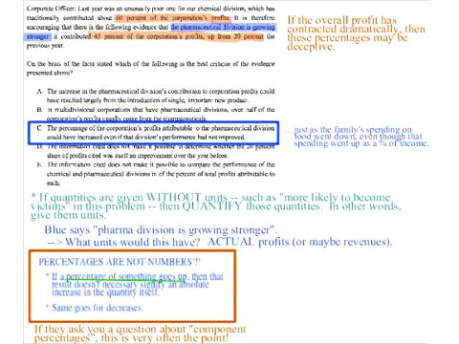So there you go. We'll come back to other answer choices in a second, especially answer choice E, which a lot of people picked.